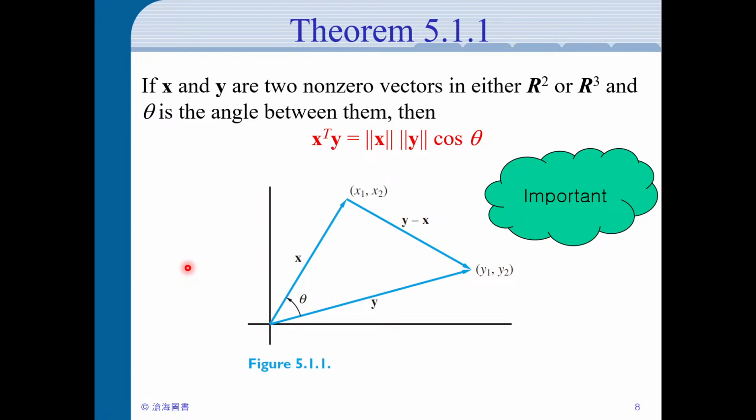You might or might not have learned this in high school, but let's derive it once again. Here you see how you get the angle from the inner product: if you can calculate the inner product of x and y, and also the norms of x and y, you can divide to get cosine theta, then take the inverse cosine to find theta.